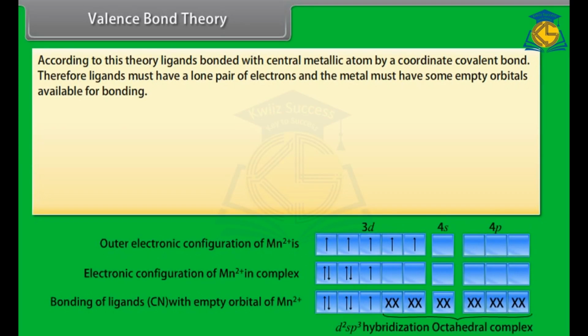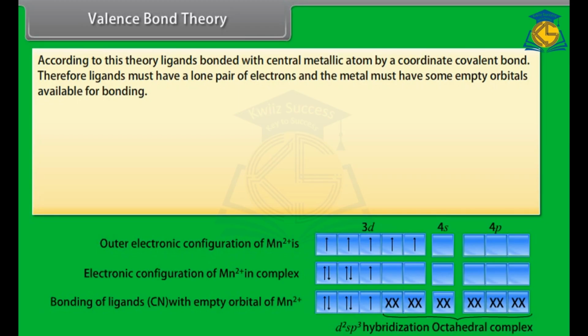According to this theory, ligands are bonded with the central metallic atom by a coordinate covalent bond. Therefore, ligands must have a lone pair of electrons and the metal must have some empty orbitals available for bonding.